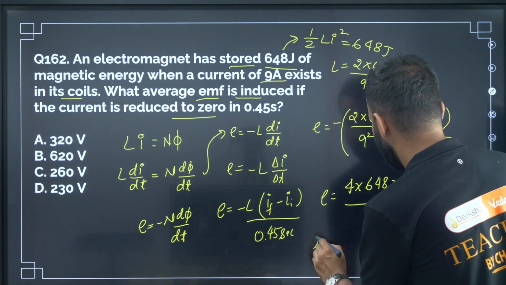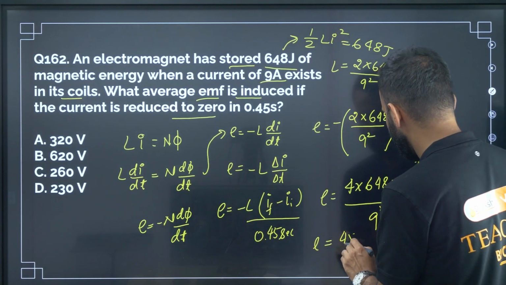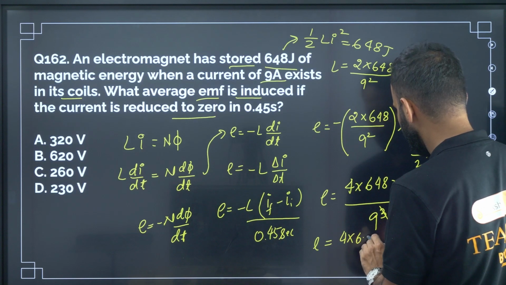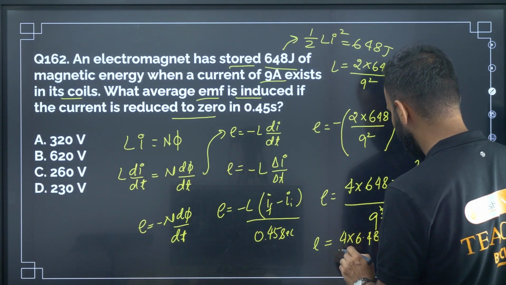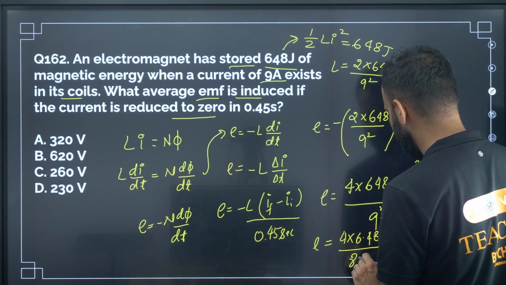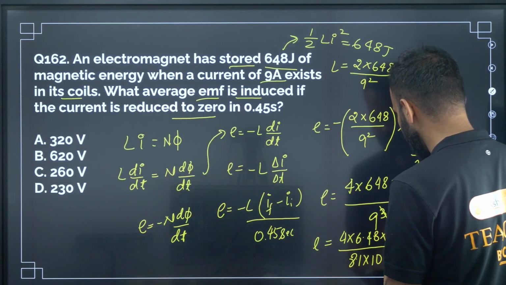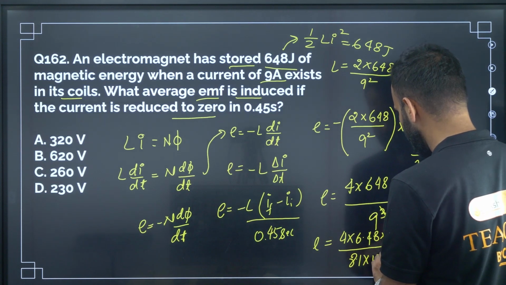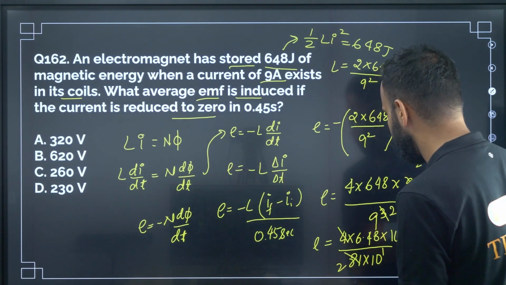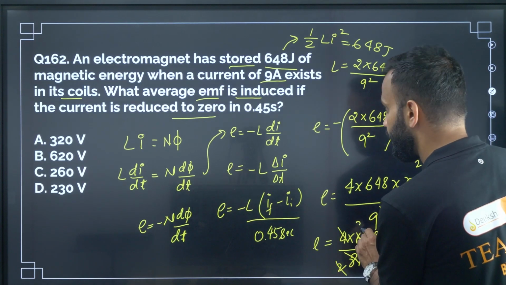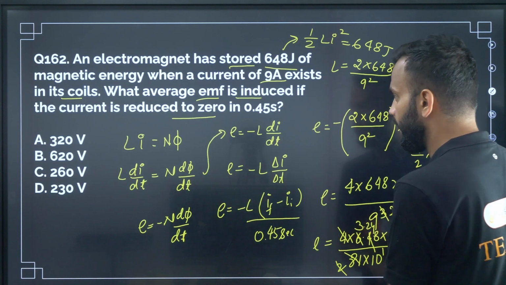So now E is equal to 6.48 into 10 to the power 3 divided by 9 squared, that is 81. 81 is 8.1 into 10, so this is approximately equal to 2, 3, 2, 4.